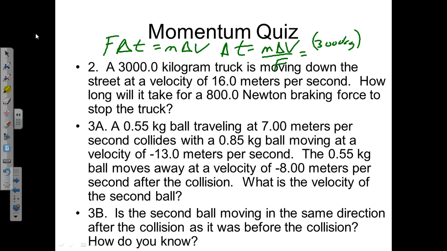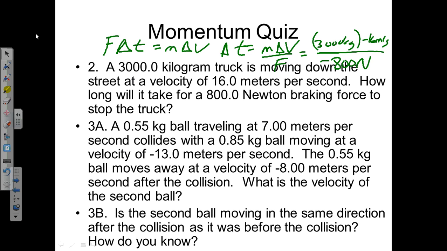So our change in velocity is going to be 0 minus 16, final minus initial, negative 16 meters per second, divided by our force. Our force is 800 newtons, but it's a braking force, which means it's opposite of the direction of motion. So we're going to put a negative on that as well.